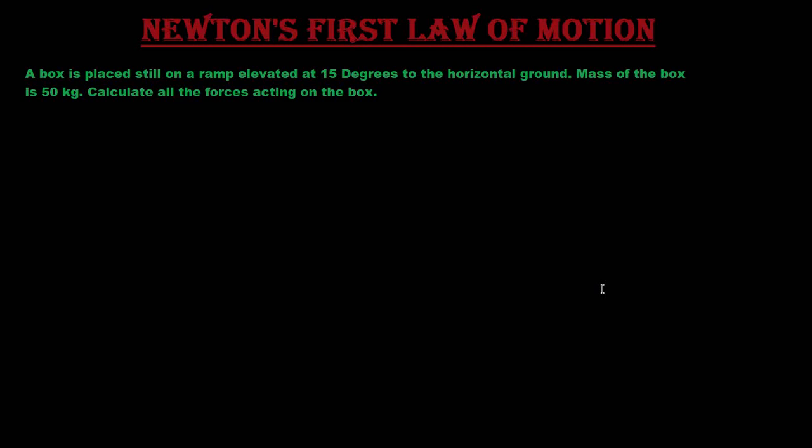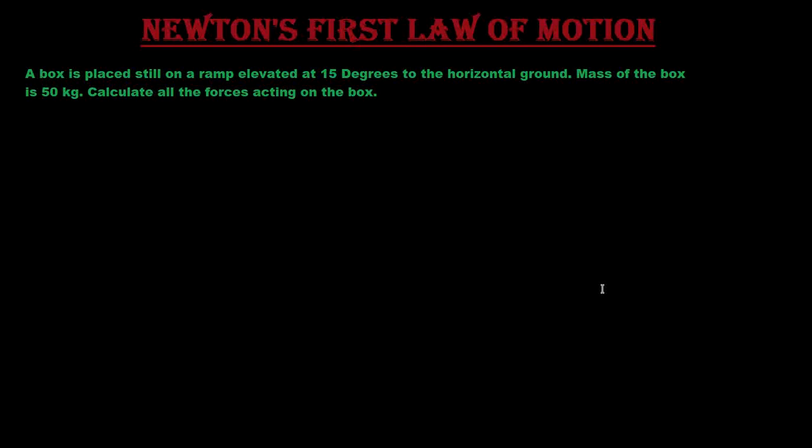A body is placed still on a ramp elevated at 15 degrees to the horizontal ground. The mass of the box is 50 kg. Calculate all the forces acting on the box. First we're going to draw a free body diagram of the situation. We have the ramp at 15 degrees to the horizontal, and the box at rest here.